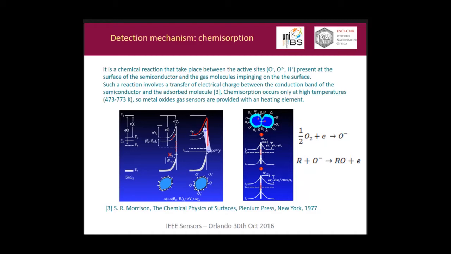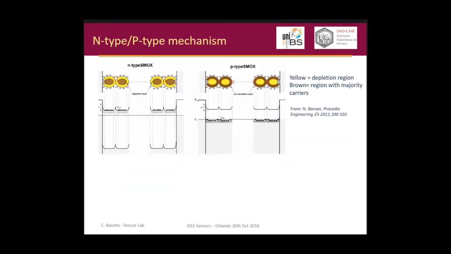So if one looks at the conduction band of the material, the band bending at the surface is decreased when the gas arrives. And thus we have a decrease in the resistance.